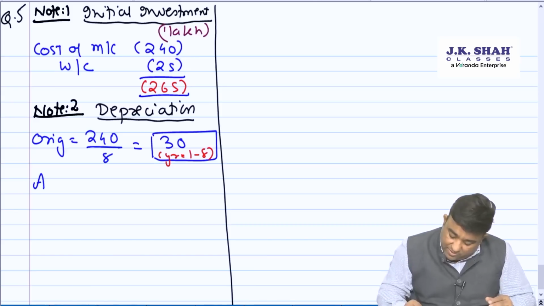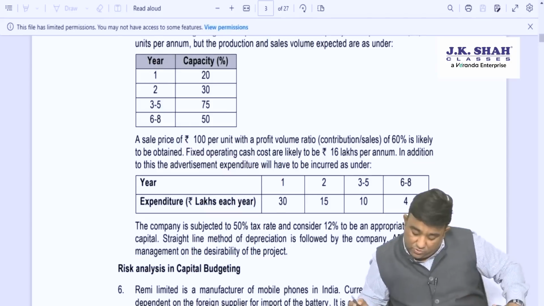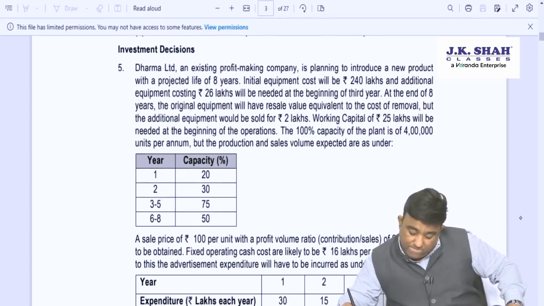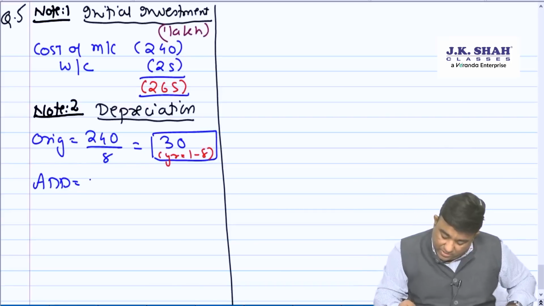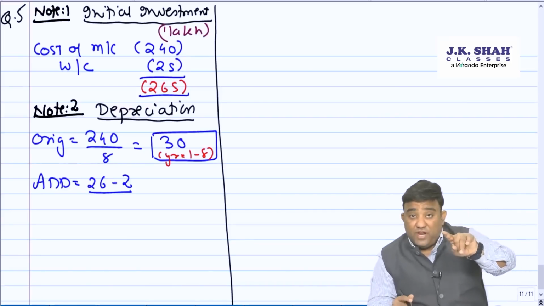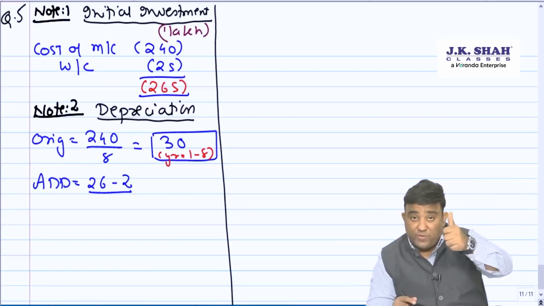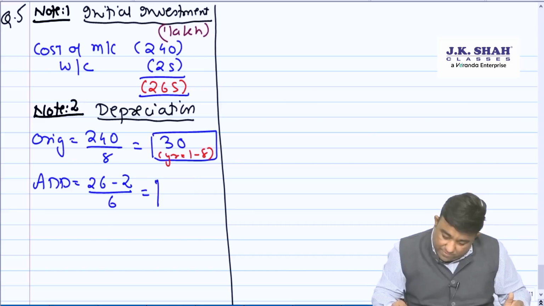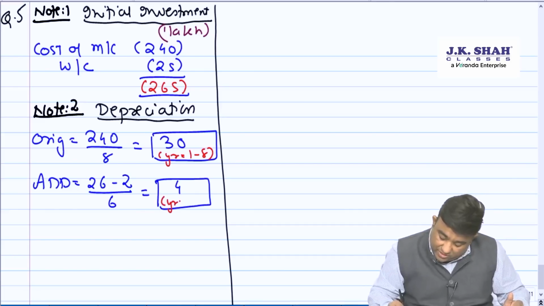And there is additional, which is going to cost 26 lakh, with 2 lakh as scrap. Beginning of third is end of second, so third year depreciation will be computed. 3, 4, 5, 6, 7, 8, this is 6 years. So depreciation is going to be 4. But which 6 years? This is 3 to 8.